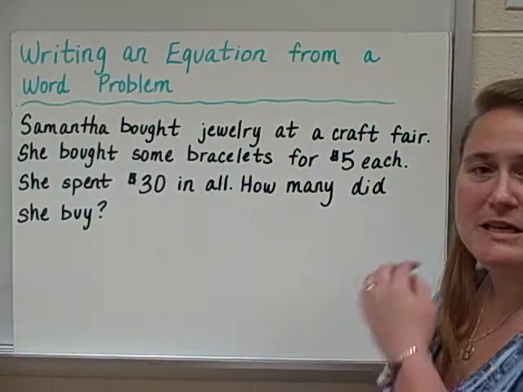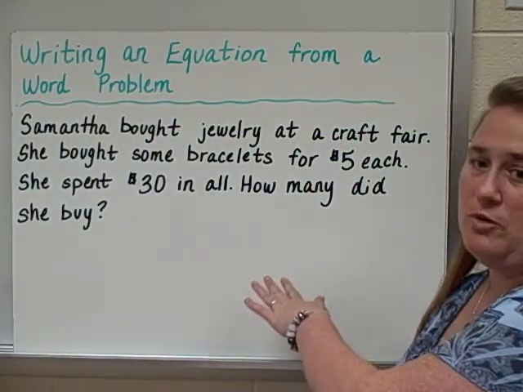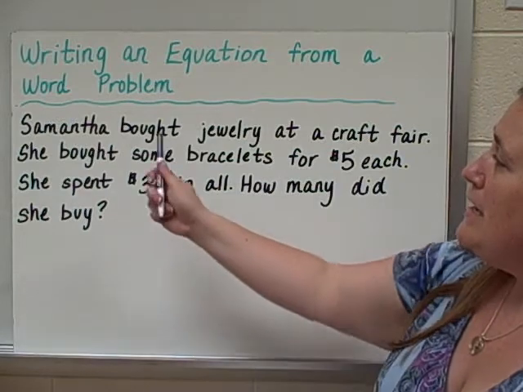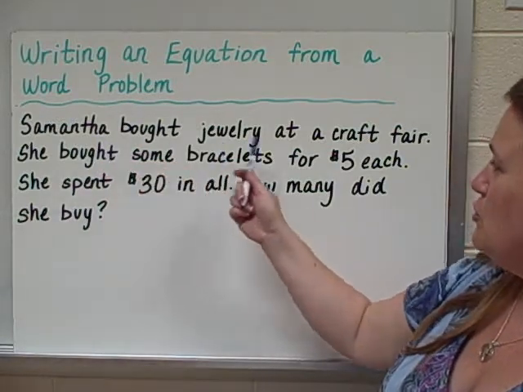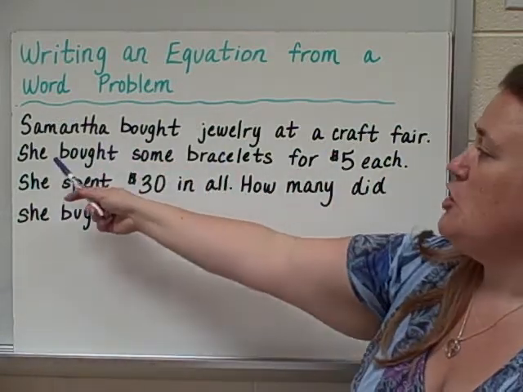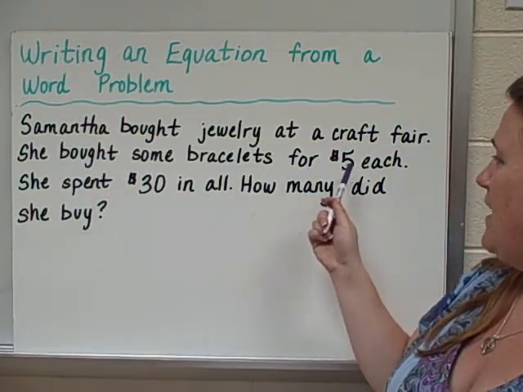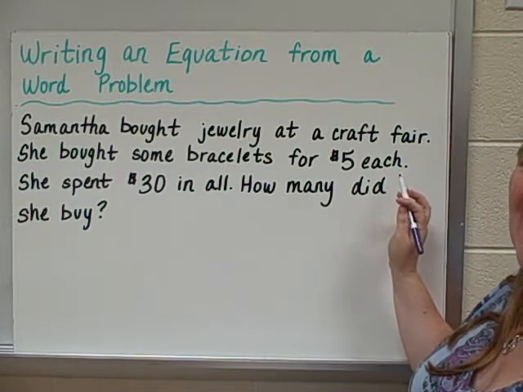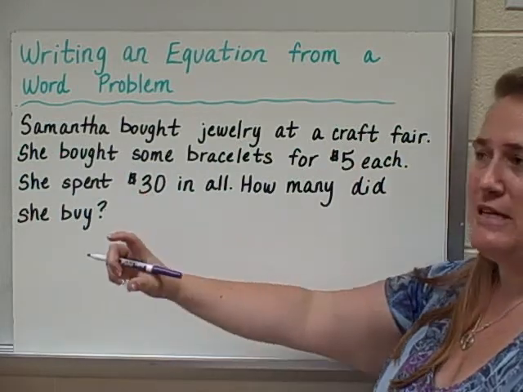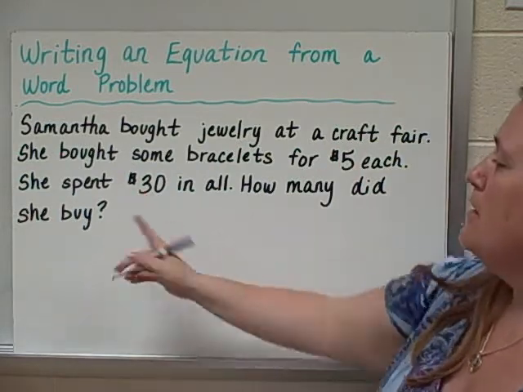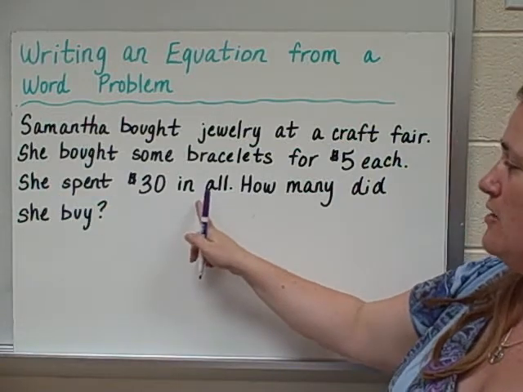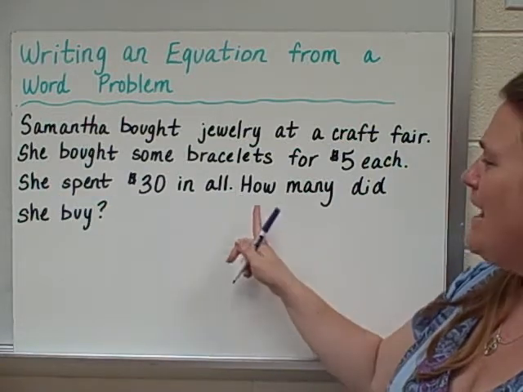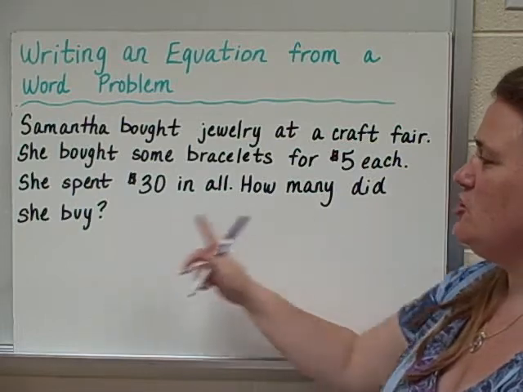Now we also have to be able to do these from word problems, all right? Samantha bought jewelry at a craft fair. She bought some bracelets for $5 each. That word each means that every single bracelet was $5. She spent $30 in all. How many bracelets did she buy?